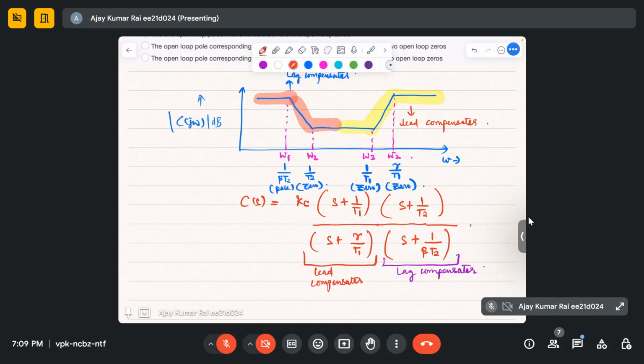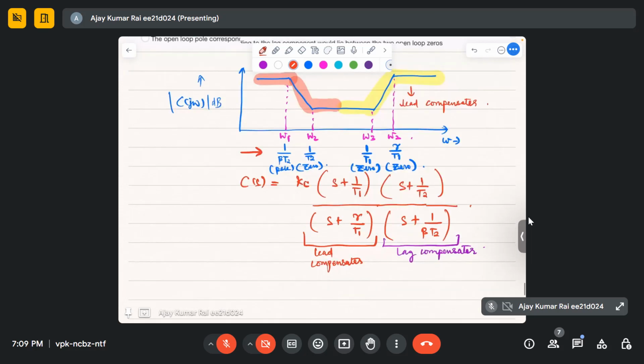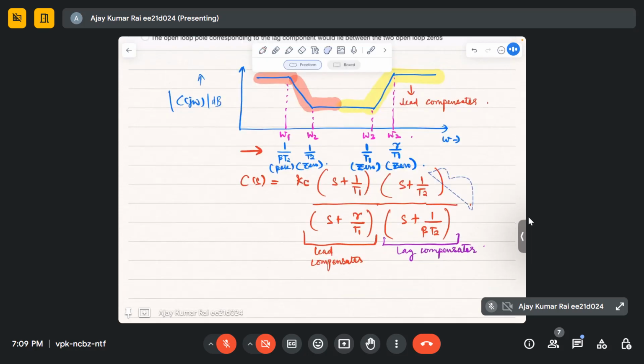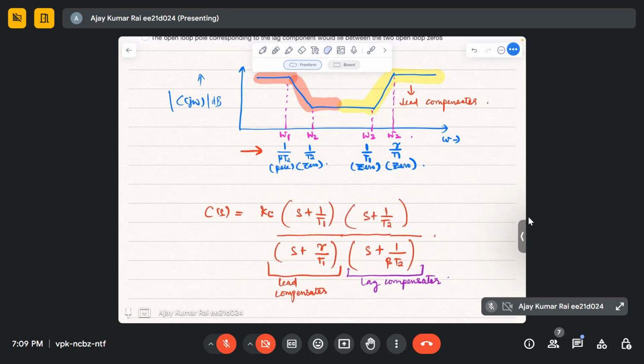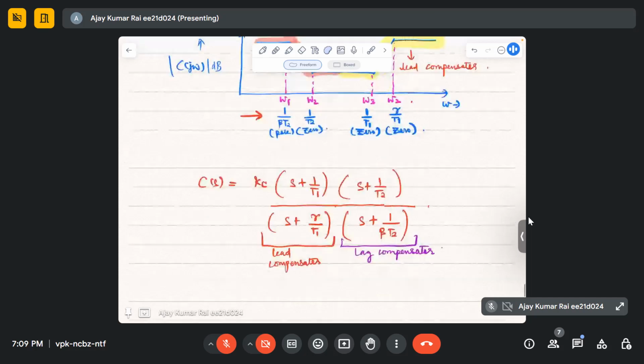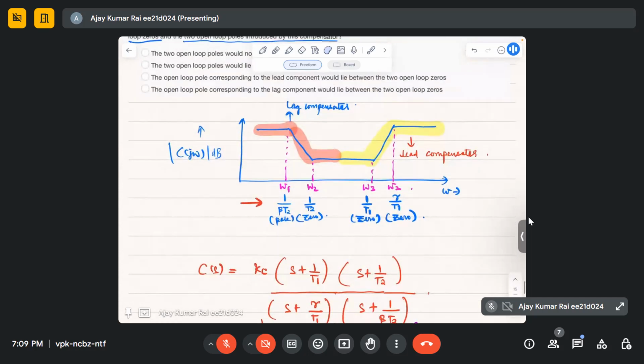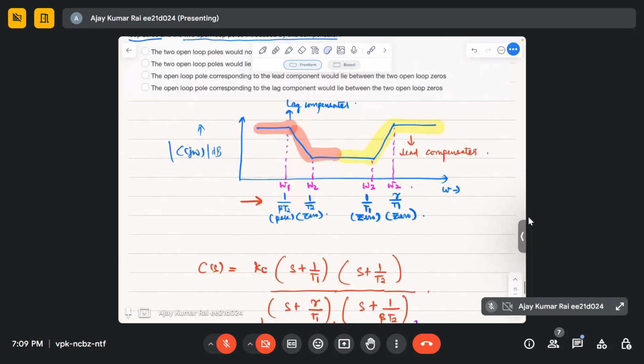Just see this. Let me increase the gap between the transfer function and the plot. First you have written down the transfer function and now you know the corner frequencies also.